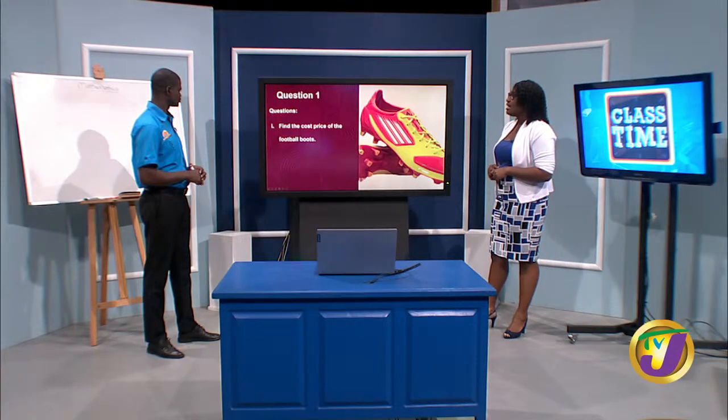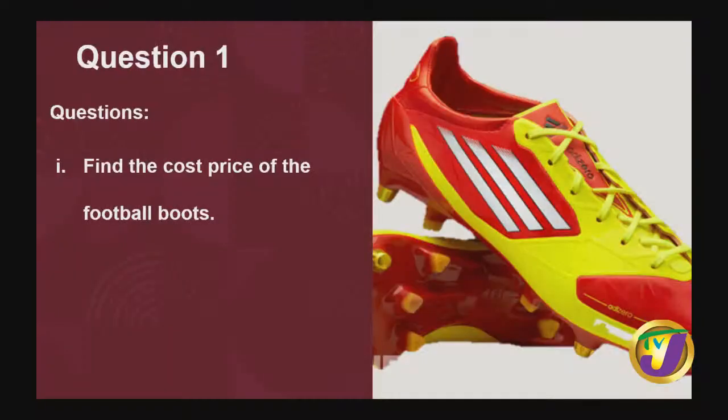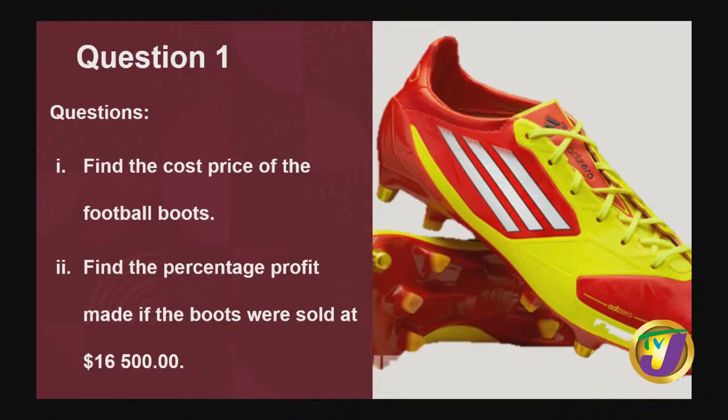The first question asks us to find the cost price of the football boots. And part 2 says, find the percentage profit made if the boots were sold at $16,500. So we are seeing the selling price. So that selling price includes a 20% profit, right?